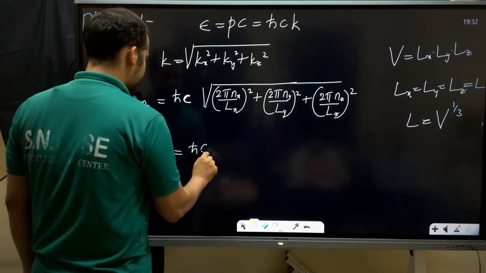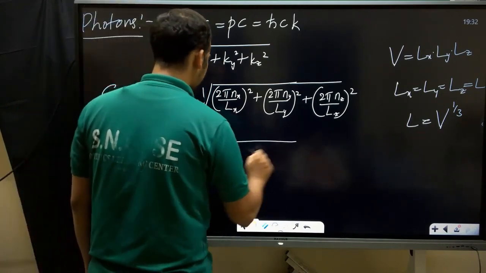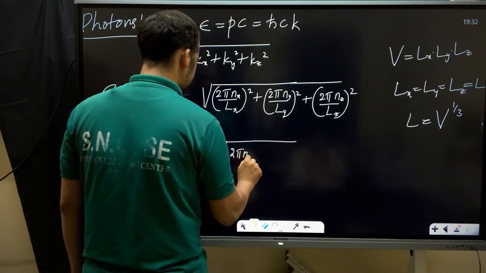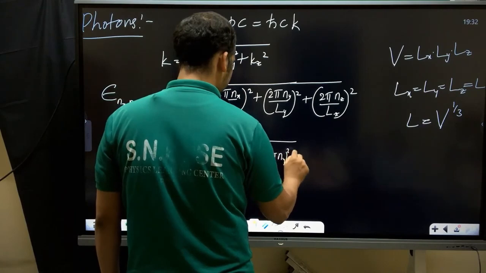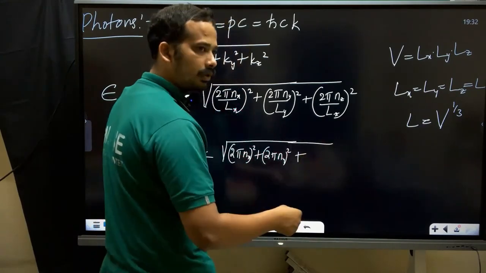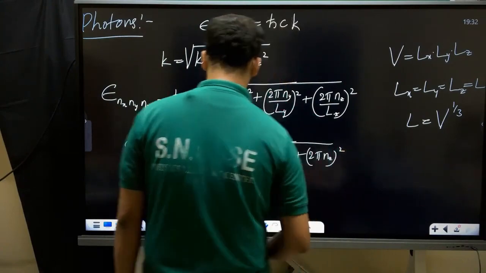So h bar c divided by L, and this whole thing is root of 2 pi nx square plus 2 pi ny square. After some practice, you can write still more direct steps. Plus 2 pi nz square.